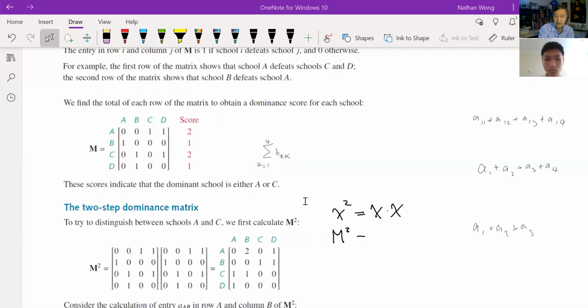It just means the product of two matrices, okay? So in other words, these represent the product of two matrices. Of course, in order to work out the product, we can follow the multiplication rules, okay?